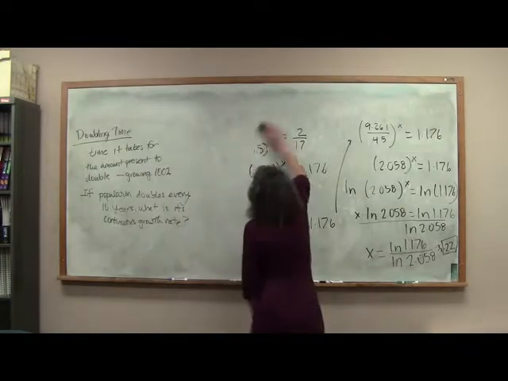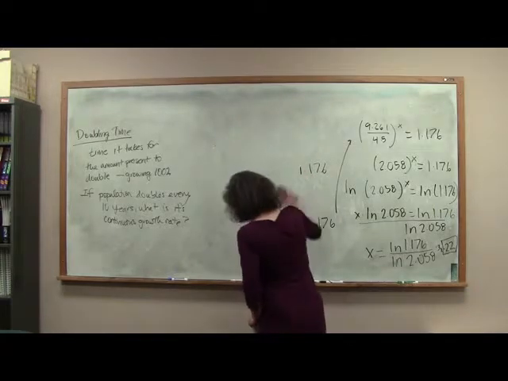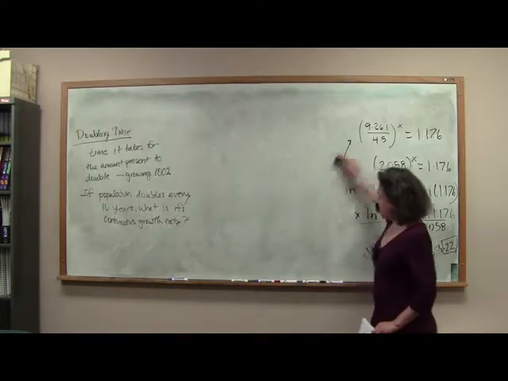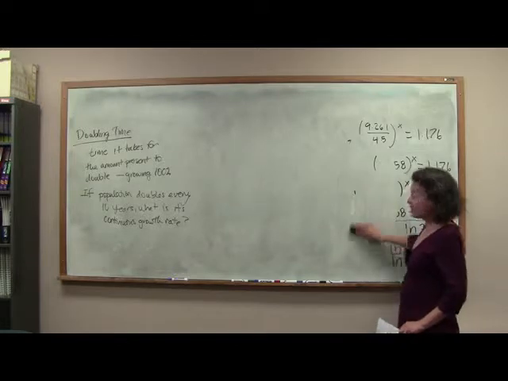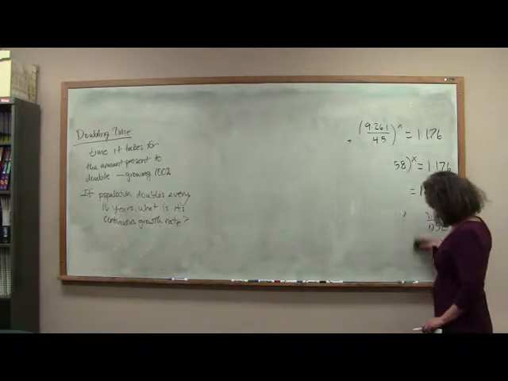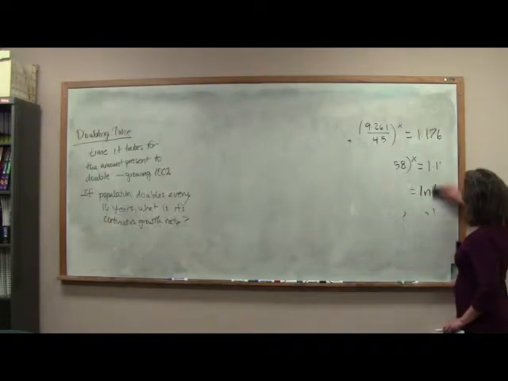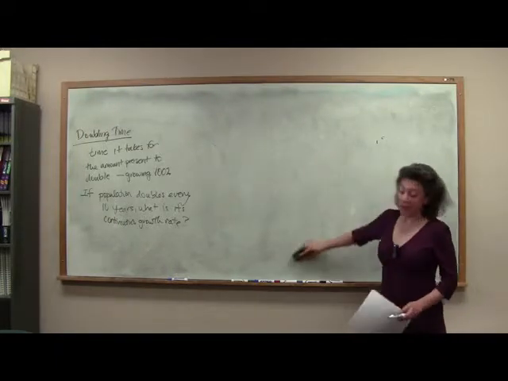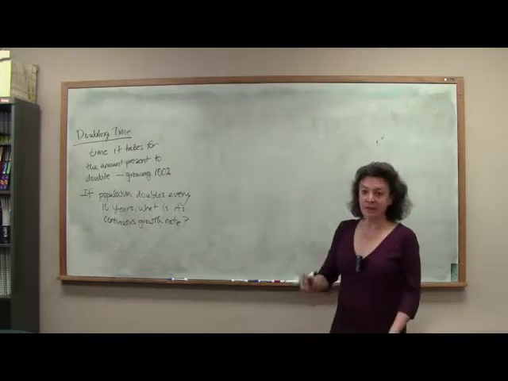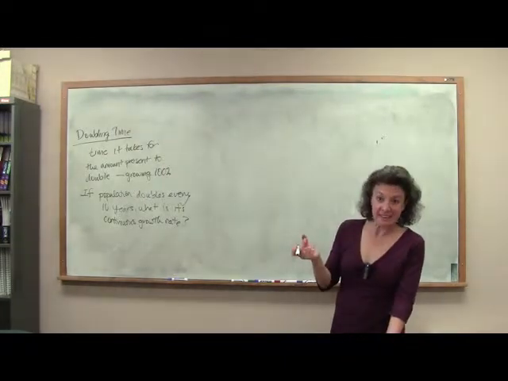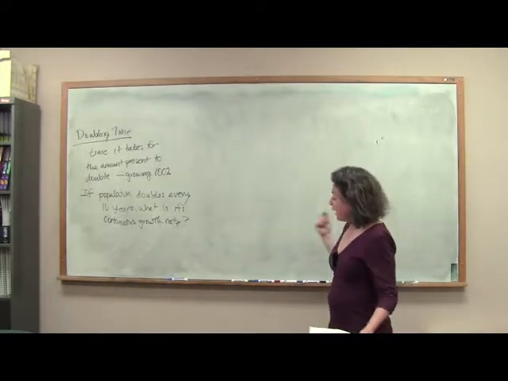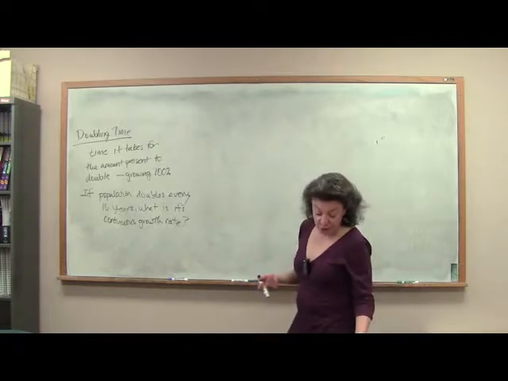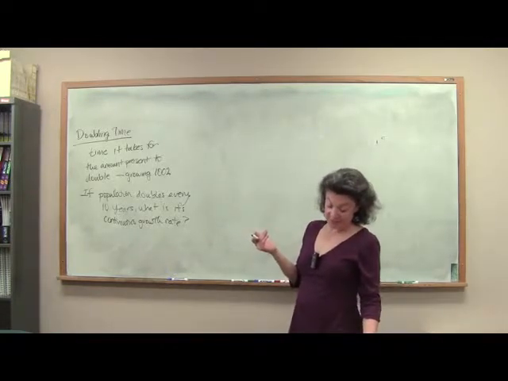Okay, now one thing that this requires you to remember is when we're talking about things growing exponentially, if you see the word continuous growth rate, you know you want to write this with a base of e. Okay? Otherwise, it's annual growth rate or however it is given.